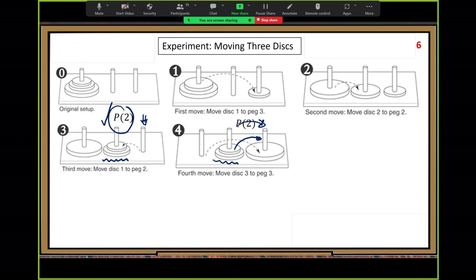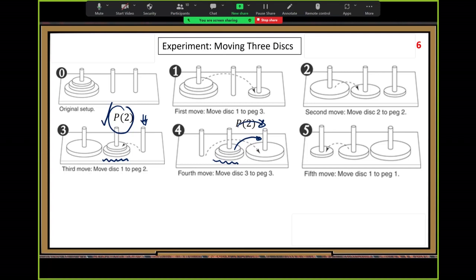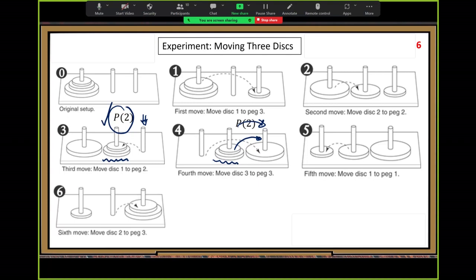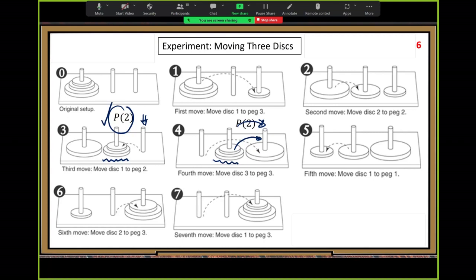But here we fix the detail: move the smallest disk to peg 1, the middle disk to peg 3, and the smallest disk to the destination peg. And we find a solution of P of 3. So this is the P of 3 solution. You can see we need to make this many moves to solve the whole problem.